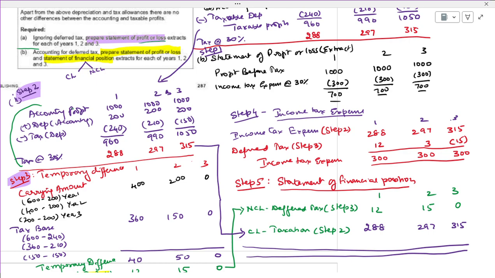But if I had told you to do it straight away without that, definitely you would get confused. This is step 1, this is step 2, this is step 3.